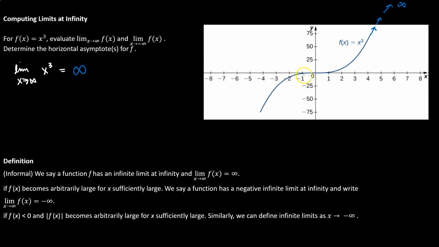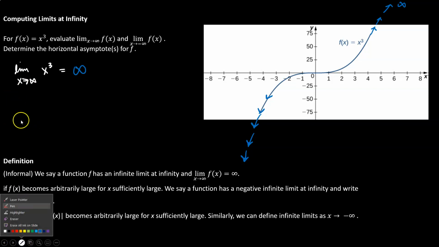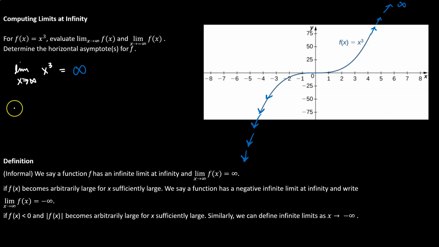And if we were to let x get smaller and smaller, we could see that our function continues in the direction of negative infinity without bound. So in that case, we could say that the limit as x goes to negative infinity of x cubed is equal to negative infinity.